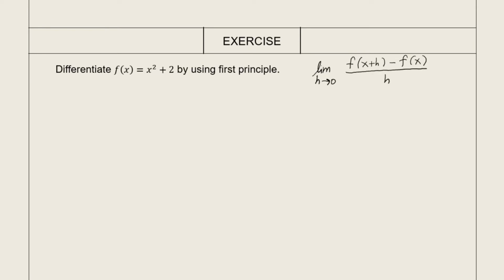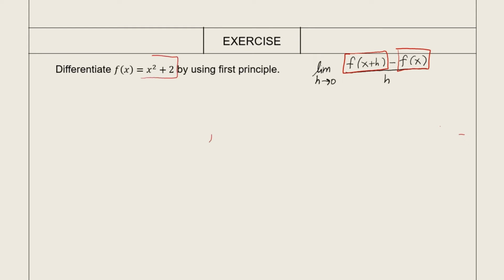Okay, so how to find the differentiation of a function by using first principle? You need to know that there are two things that you need in this formula. The first thing is what is your f(x plus h). The second thing is what is your f(x), because we want to use these two values to put inside the formula. So now you already have your f(x).